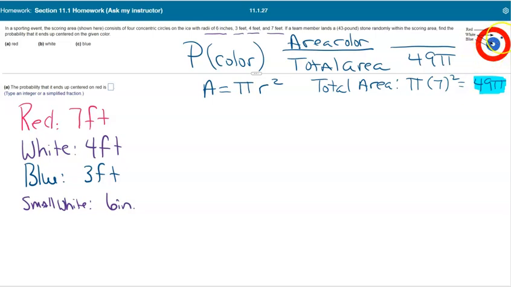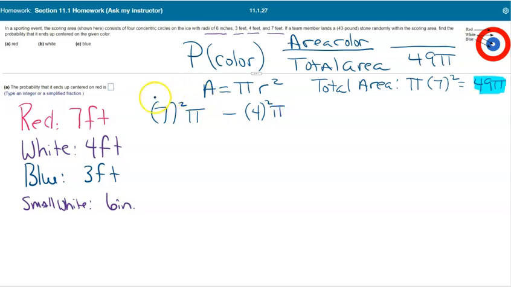So we need to find the area of that ring, not the area of the entire circle, but just that ring. We have already done the 7 squared. That's the outside. So let's do 7 squared pi. And we're going to have to subtract out the white one, which is the 4 foot circle, so we subtract out 4 squared pi.